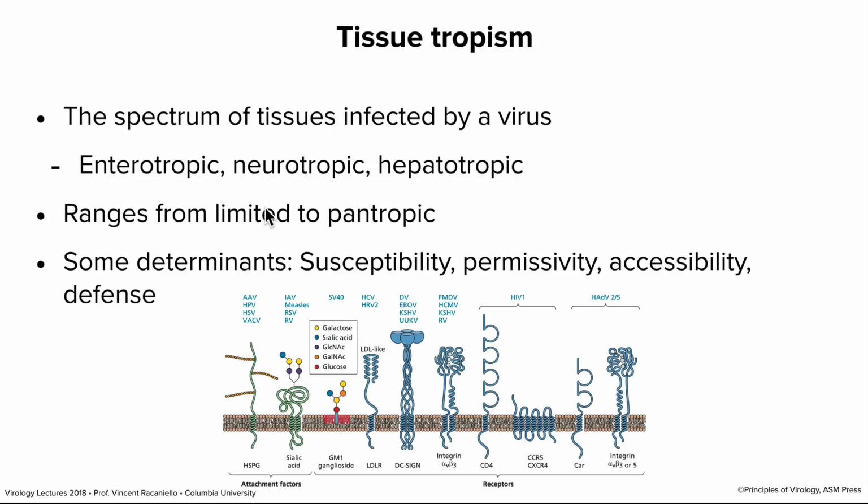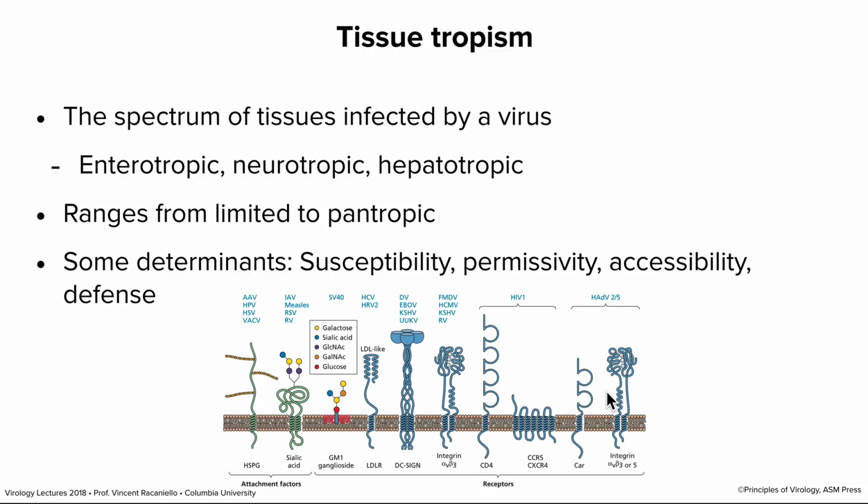And virologists are interested in understanding what determines the tropism of a virus, because if we can understand why certain tissues are resistant to infection, that may inform our ability to control virus infections. And here are some determinants of tropism that we have learned about. One, of course, is susceptibility, whether or not there's a receptor on a particular tissue.